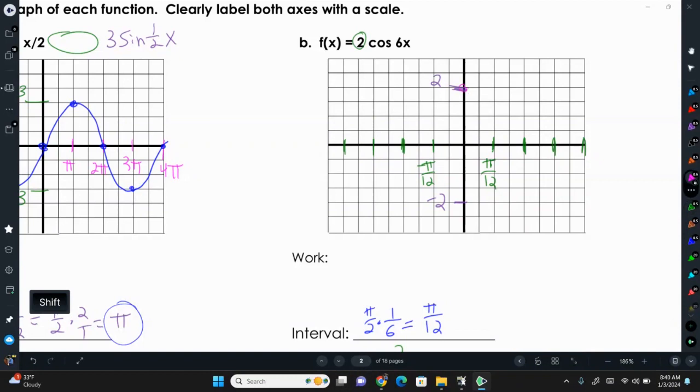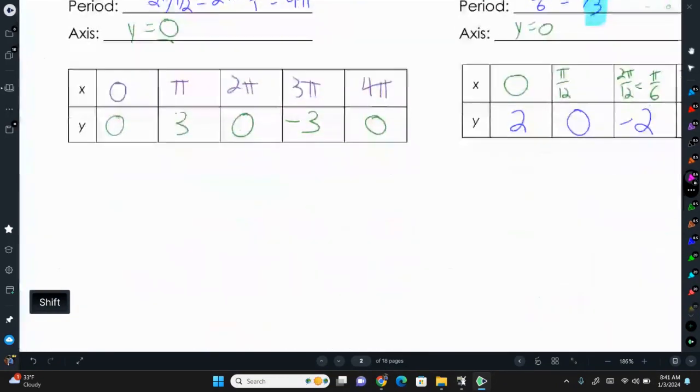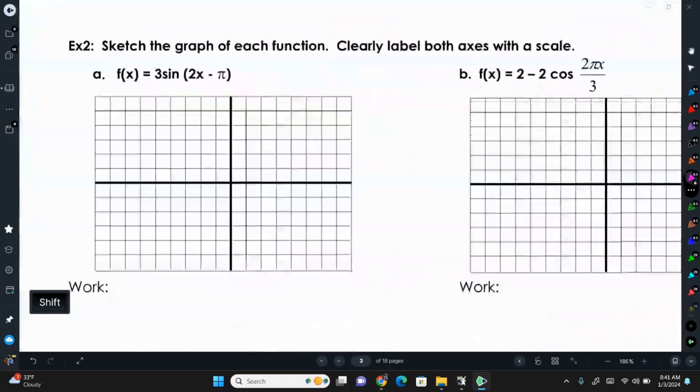So we start here, and then we go down, down, up, up, and the pattern repeats itself. So our graph will look like that. All right, now let's look on the next page where we're going to be shifting.